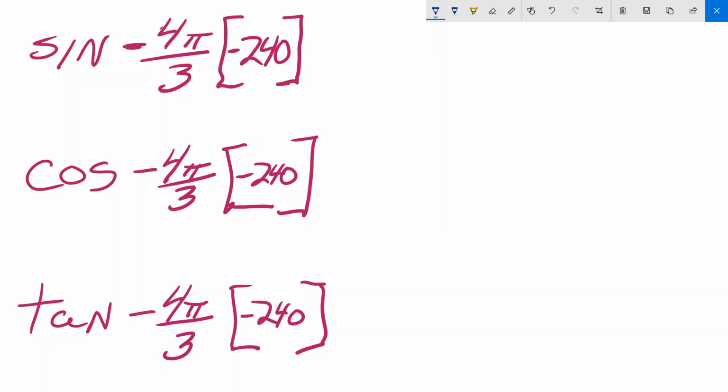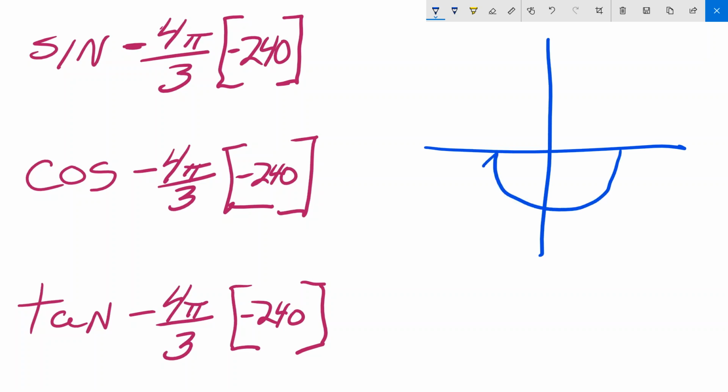So if you go 240 degrees clockwise, where do you end up? Which quadrant? How big is that? Oh, you can't see that.